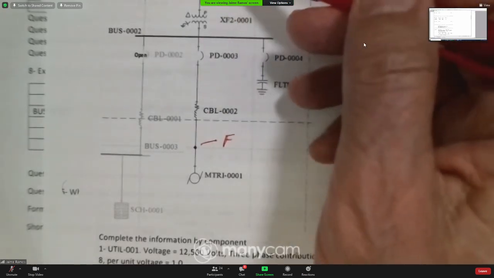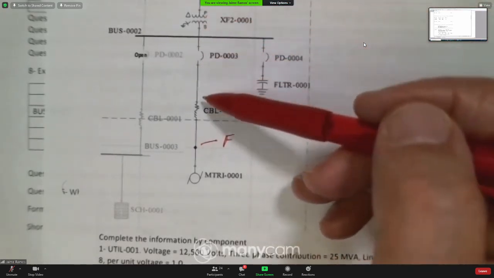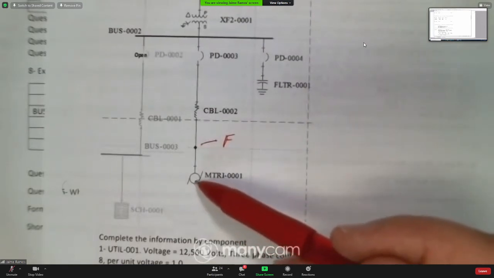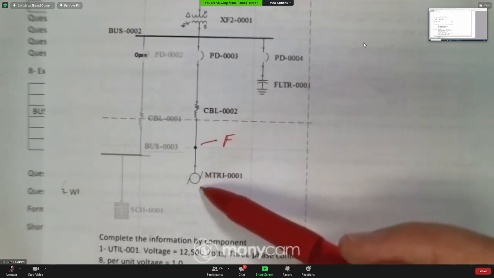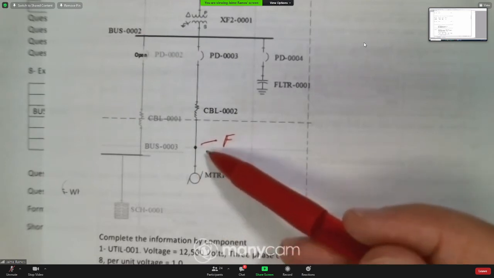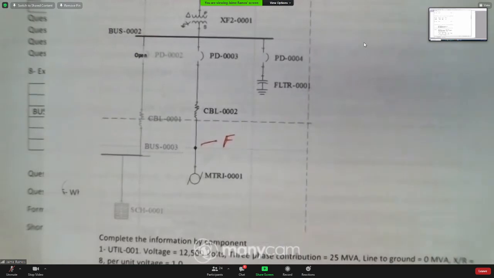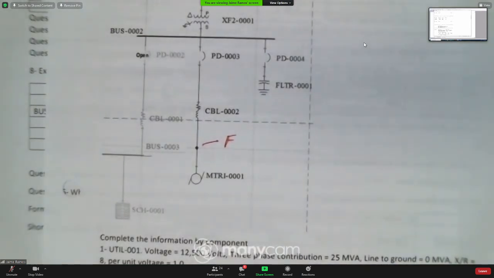That's the utility through the transformer and the cable. But the motor also has stored energy because it's spinning. So the motor turns into a generator and pumps current into the fault. That's surprising, but it happens.